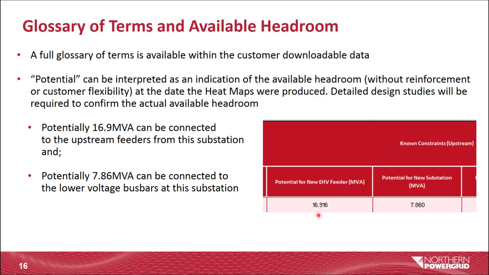The word potential here means potentially what could we connect to the upstream feeder from this primary substation, for example, if it's 32 to 11. And on the right-hand side, potentially what could we connect to the downstream feeder of this substation without reinforcement or additional costs. So, say 5 or 6 MVA would be okay to connect here based upon the last month's data. But be advised, this doesn't take into account any connections or acceptances since this data has been produced. Regarding a workshop, we're more than happy to engage with any specific inquiries, so please do get in touch.